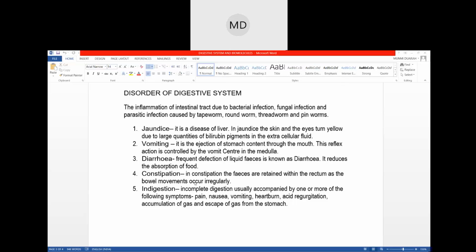It means your bowel movements are irregular. Some people suffering from gastric problems and gas also get constipation. Constipation is harmful if it prolongs.